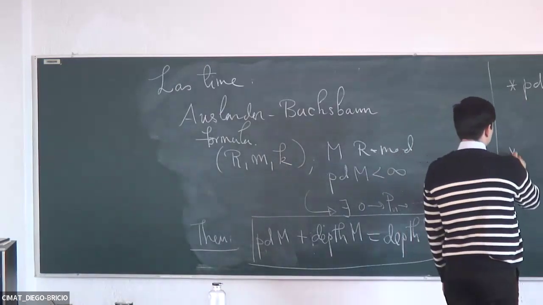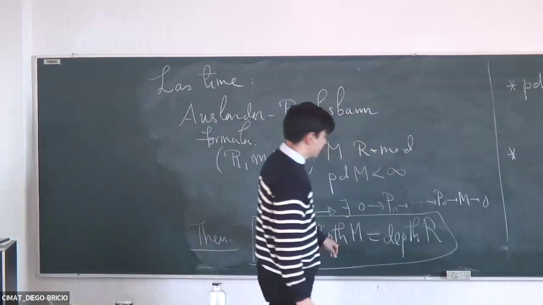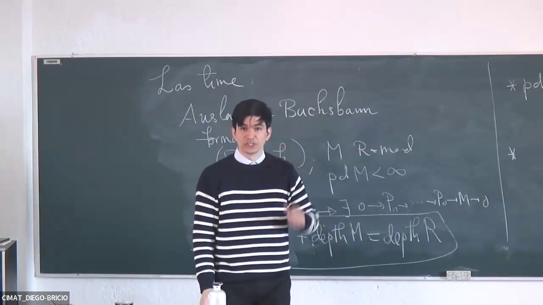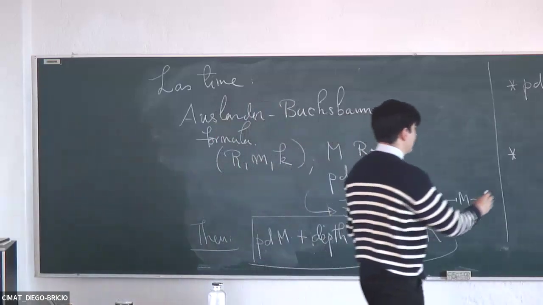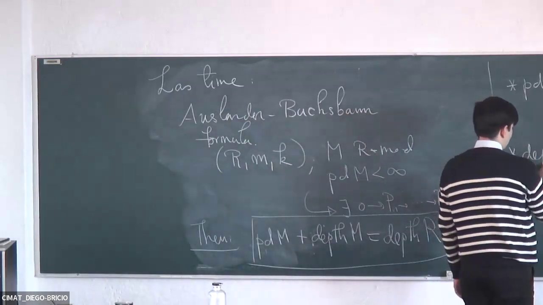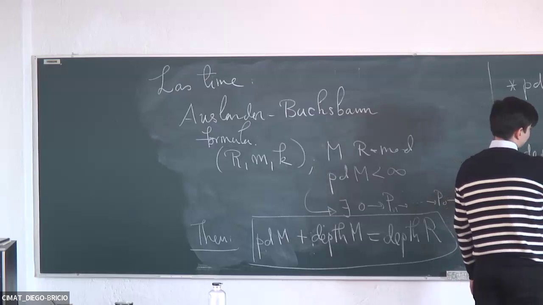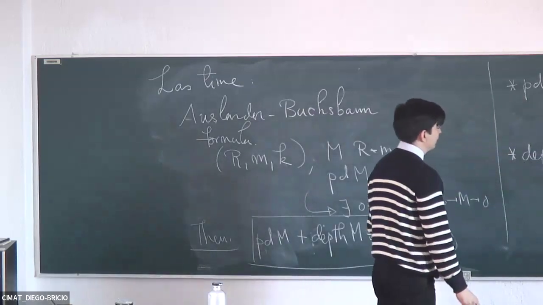And on the other hand, we saw that the depth also has a conceptual interpretation in terms of regular sequences, right? But it can be computed in the following way.